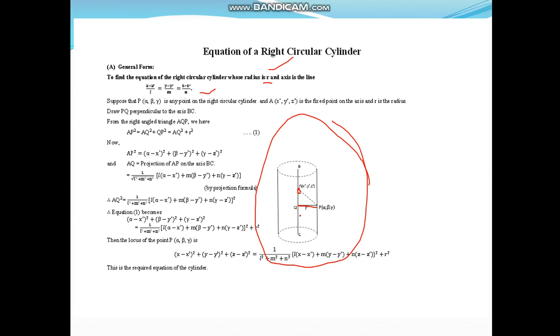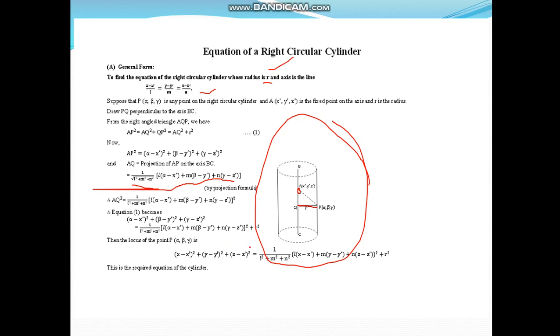But AP square we can find: (alpha minus x dash) whole square plus (beta minus y dash) whole square plus (gamma minus z dash) whole square. Now AQ is the projection of line AP on the axis BC by the projection formula. So we can write it here as our AQ. So we take out AQ square, and equation 1 becomes this.